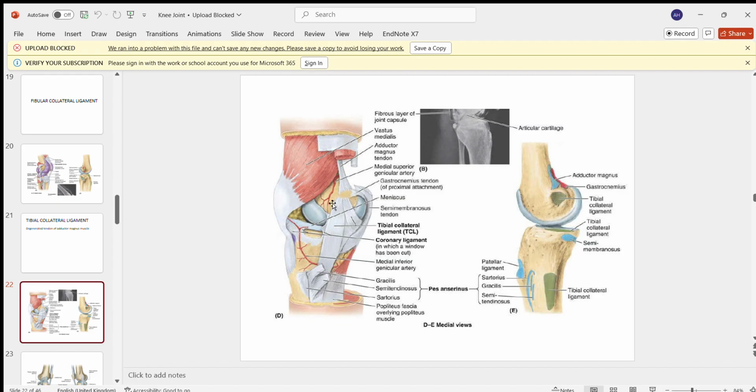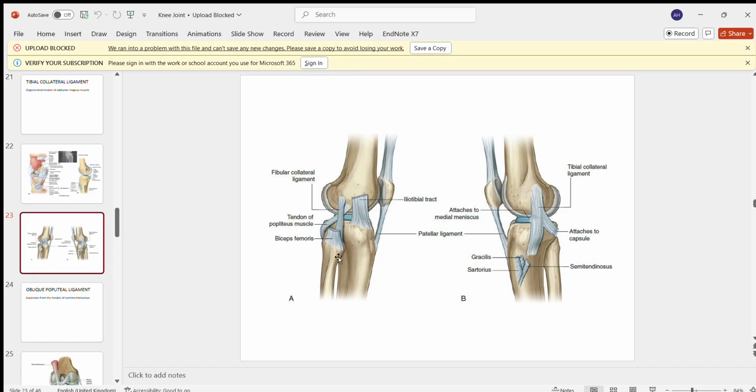Superiorly, it is attached to the medial condyle of femur, and inferiorly, it is attached to the medial surface of the upper end of tibia. It supports the knee joint from the medial side. In this picture, we can see the tibial collateral ligament, the fibular collateral ligament, and the articulating surfaces of the knee joint.